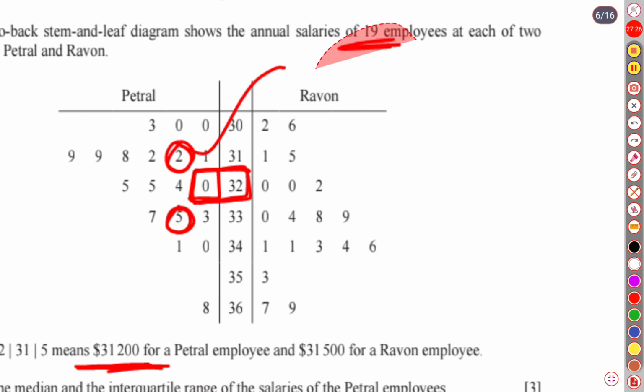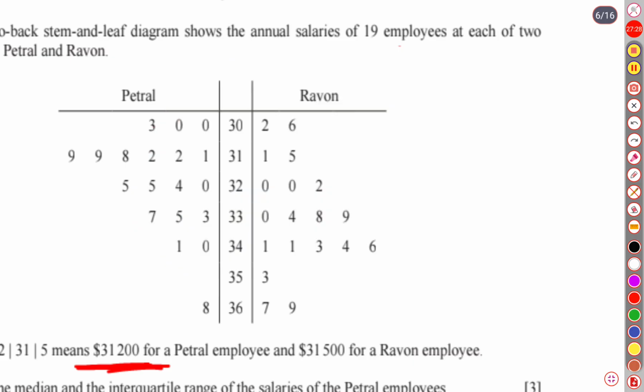So if it is erased, then there are total 19 employees, and the 10th data is the median. Let us find it: 1 2 3 4 5 6, then 7 8 9, then 10.